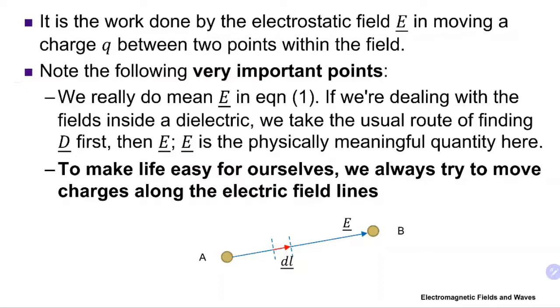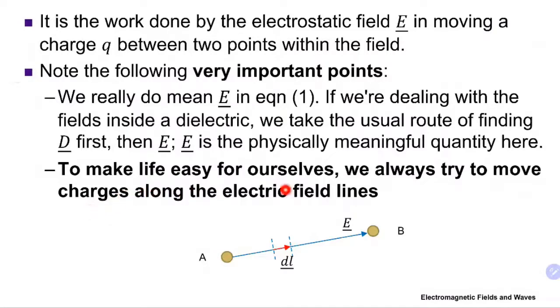Earlier on we talked very often that if we want to find the electric field, we go through finding the electric flux density. But here, we are treating the electric field rather than the electric flux density. It is the electric field that actually does the work.